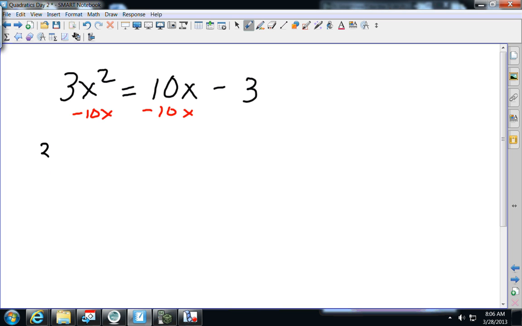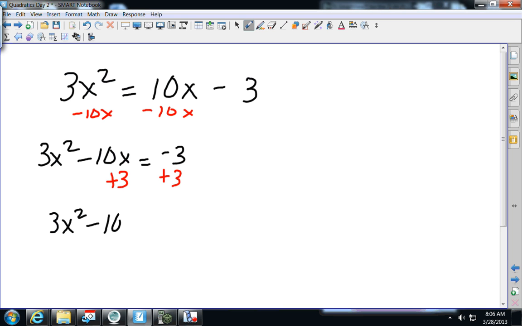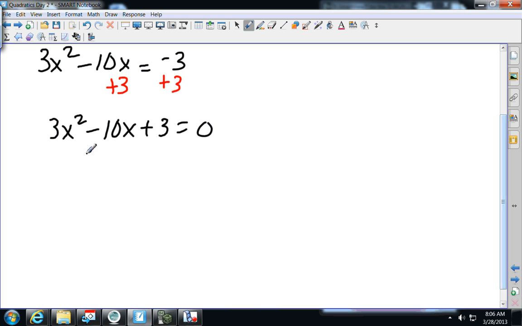I get 3x squared minus 10x equals negative 3. I need to add 3 to each side. I get 3x squared minus 10x plus 3 equals 0. This is now what you need to factor.